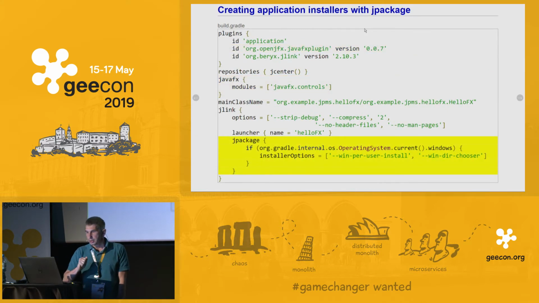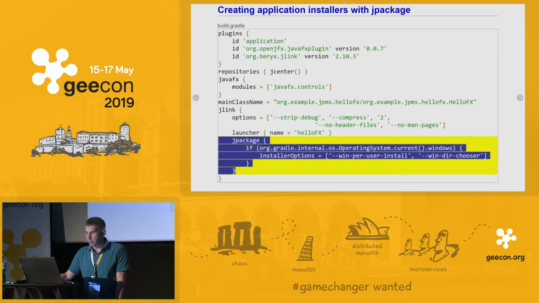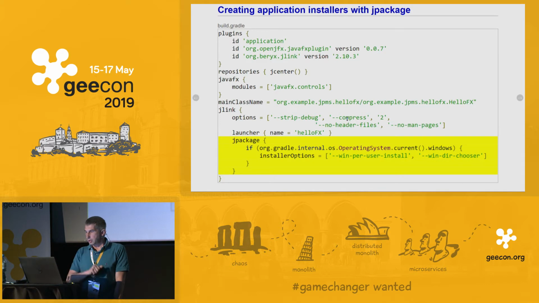The next thing is that we can provide additional options to our jpackage tool. For this simple JavaFX application, we don't need to provide any options. So I put this code here only to show you how you can do such a thing. For example, to show you how you can add specific options for the Windows platform.